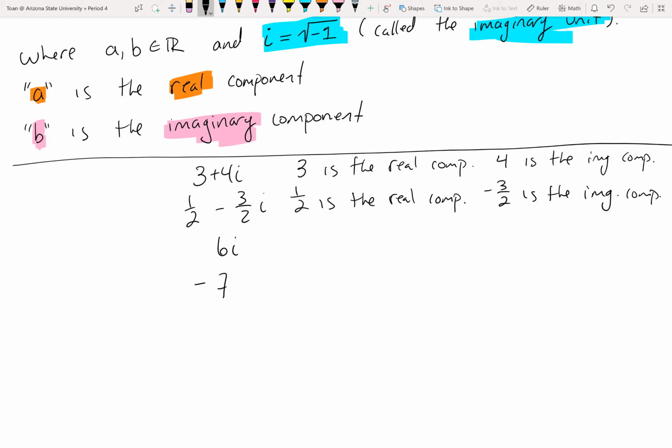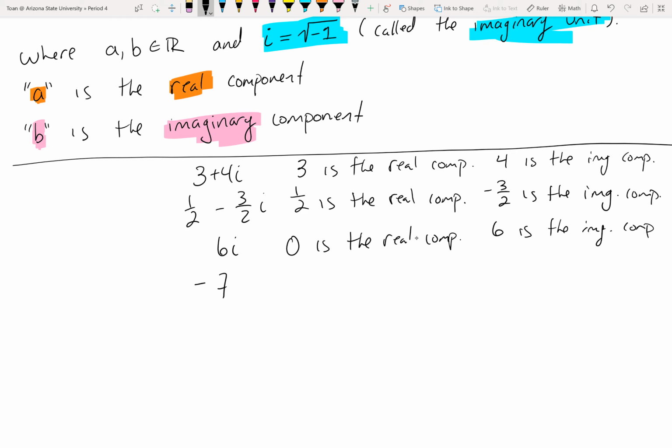Technically, by definition, a complex number has those two pieces, always, a plus bi. So if you had a singular piece, say 6i here, technically it still has both parts. So what would the real component of the third example be? 0, right? It's the number that doesn't have an i attached. So 0 is the real component, and 6 is the imaginary.